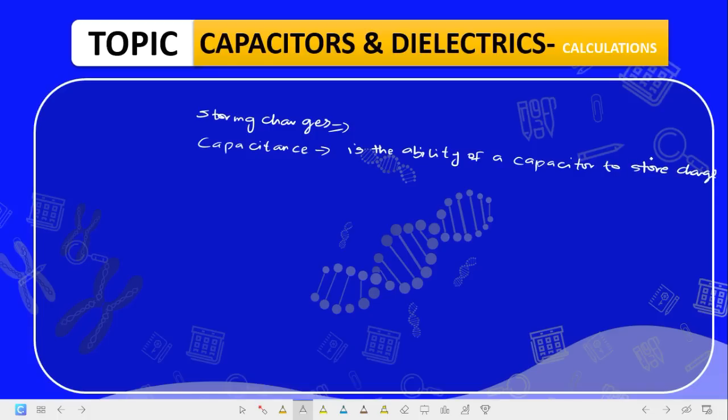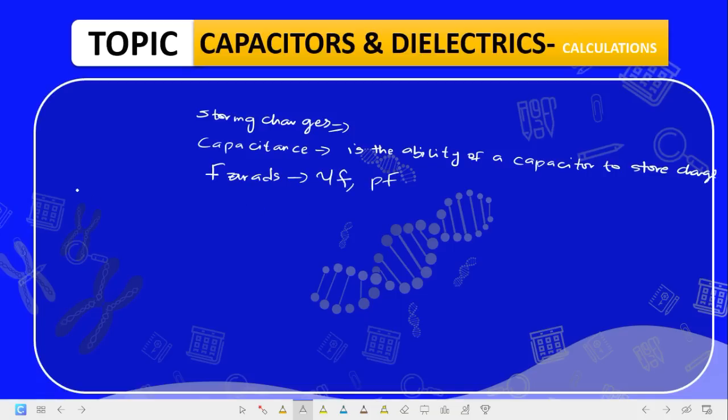So that is what the capacitance is, the ability of the capacitor to store charges. Now the capacitance is measured in Farad. There are other smaller units like Microfarad or Picofarad.